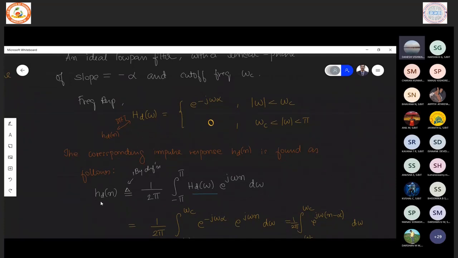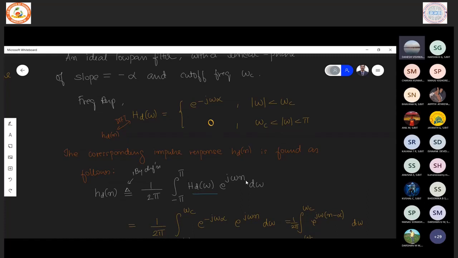Therefore, Hd of n, the impulse response of the ideal low pass filter, by the definition of inverse DTFT becomes 1 by 2 pi integral with the limits minus pi to plus pi. Hd of omega is the input, then we multiply with the exponent e power of j omega n.